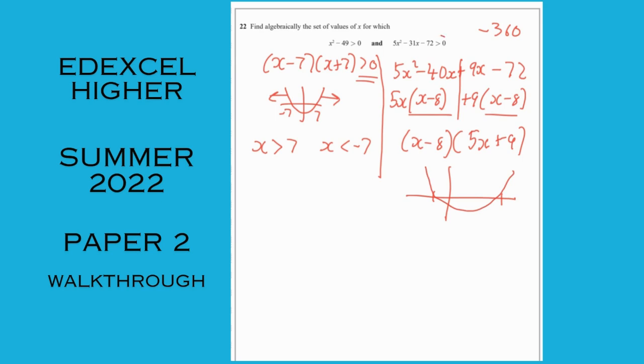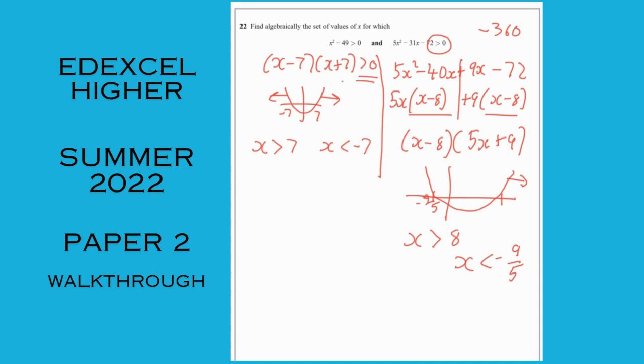And again, it's greater than. So it wants to be to the right of 8 and to the left of -9/5. So let's look at the upper limits.